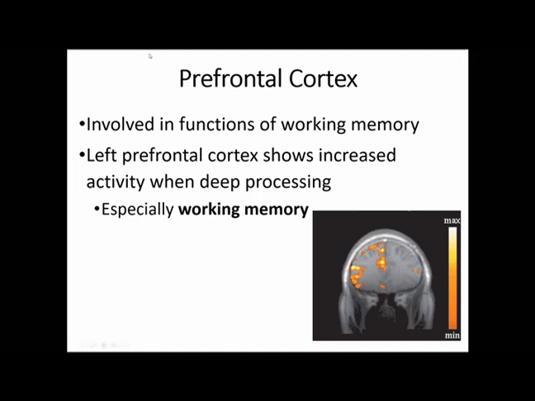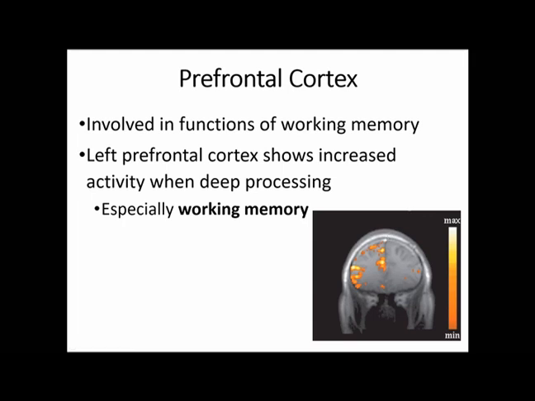And then finally, our prefrontal cortex. This seems to be involved in our working memory. And interestingly, our prefrontal cortex seems to be displaying some hemispheric lateralization. So the left prefrontal cortex shows increased activity when we're doing deep processing.